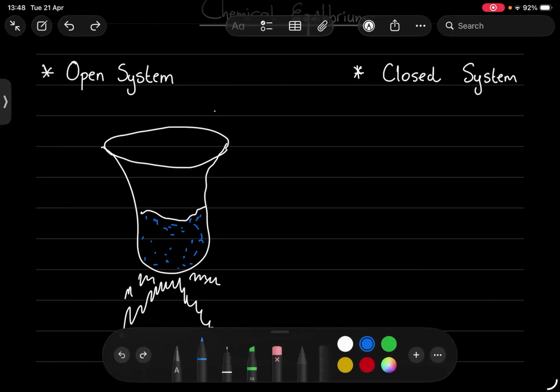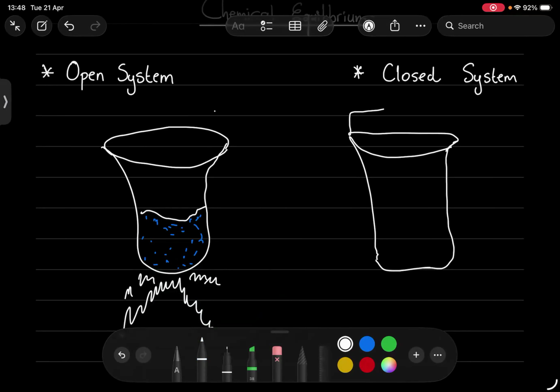But this one, this time around, it has a lid. It is closed, this one.